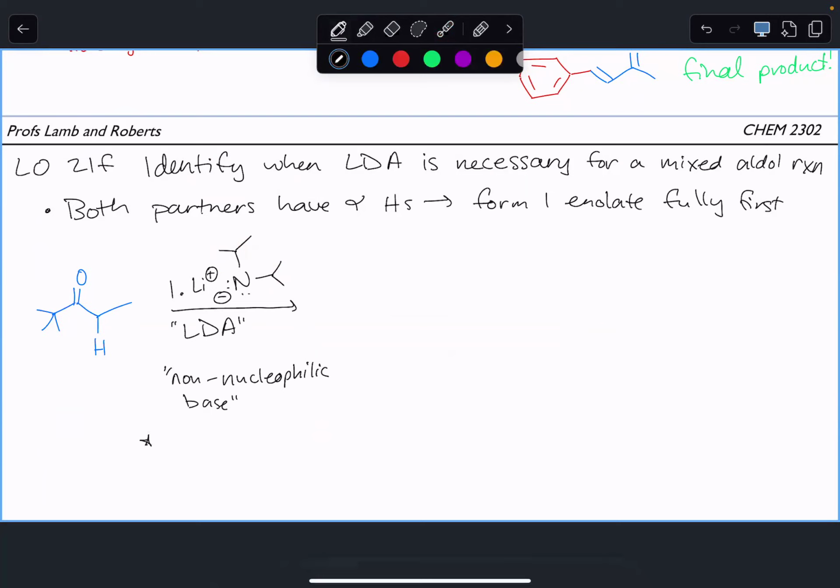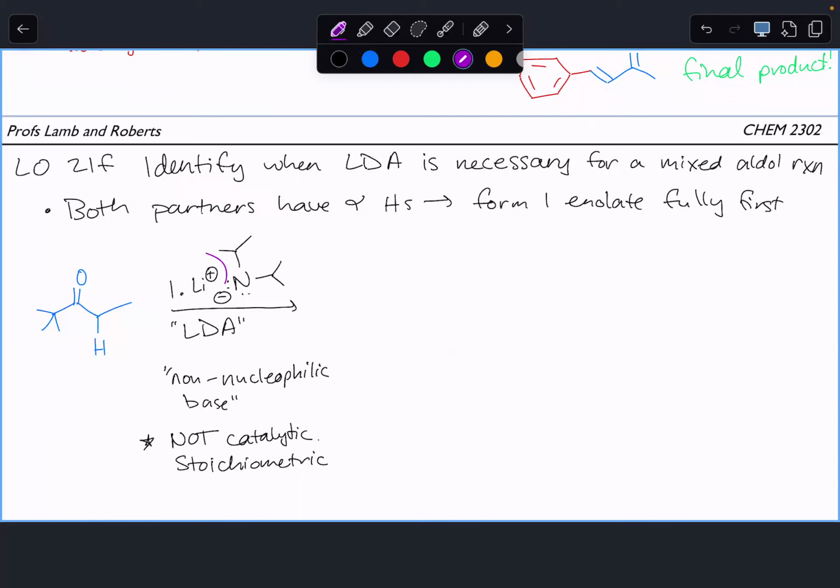Also, please note that in this case, it is not catalytic. So this is a stoichiometric base. In the hydroxide case, we could use catalytic amounts of base. Here, it must be stoichiometric. And we are going to fully form that enolate.